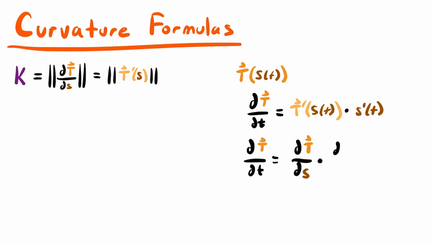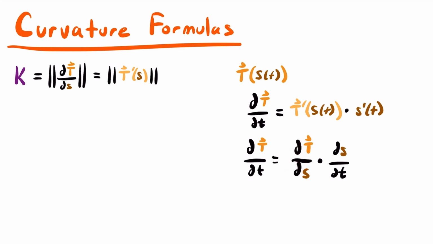So we'd have ds/dt. Okay, so that's just a result of the chain rule here, and you can see that this would be true because if you canceled out these ds's, you'd be left with the same thing on both sides of the equation, dT/dt.